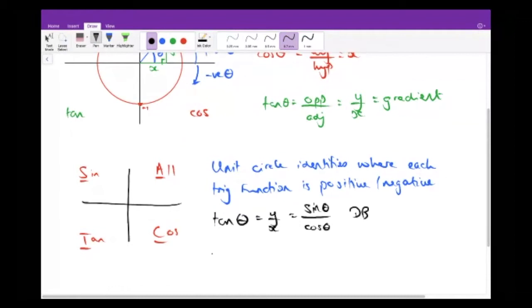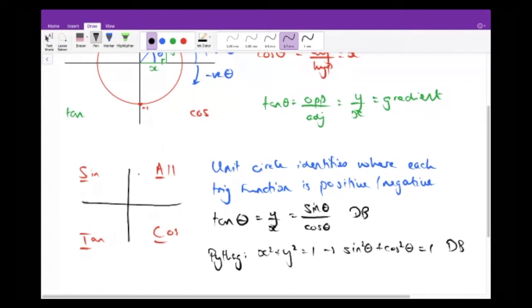Now if we use Pythagoras on our triangle, we see that x squared plus y squared equals 1 squared, which is 1. And putting in sine and cos, we get sine squared theta plus cos squared theta equals 1, which is another formula that is in our data booklet. Okay, so going into the exam, remember this diagram here.